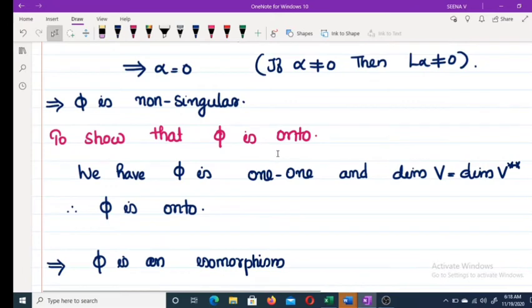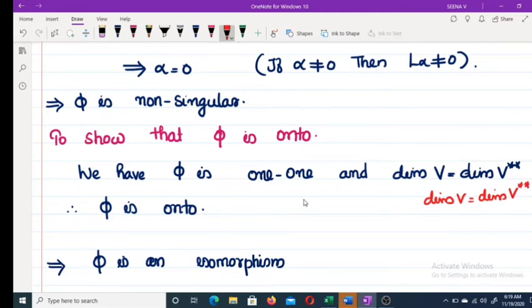Now we have to prove onto. Here phi is a one-to-one map and the dimension of V equal to dimension of V star. Therefore, clearly phi is onto. How does this happen? We have dimension of V equal to dimension of V double star.